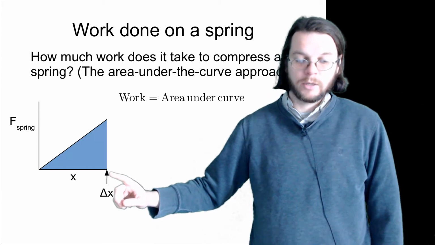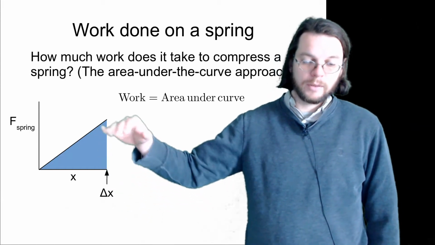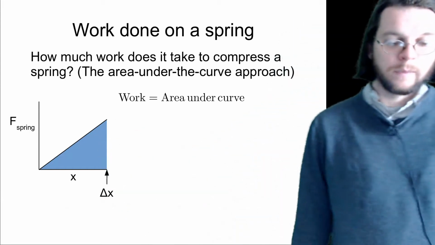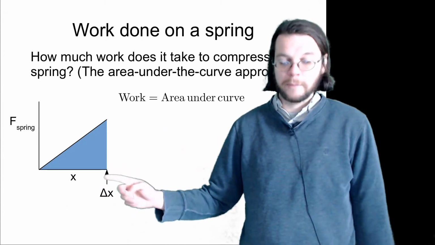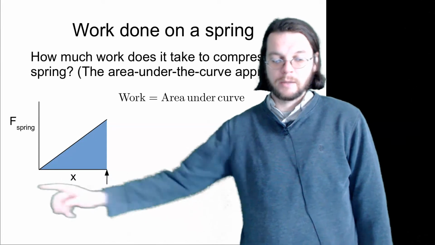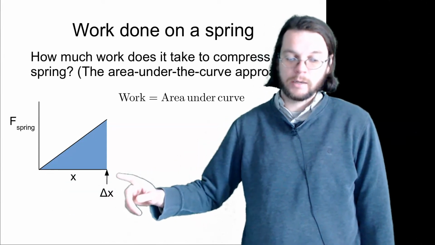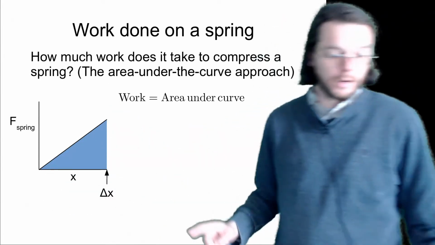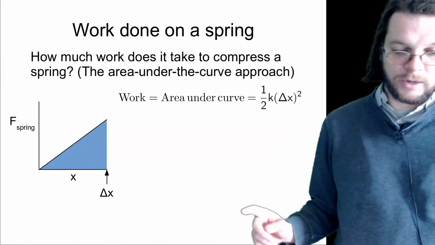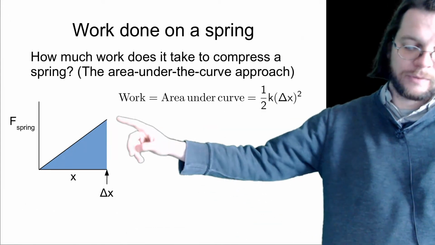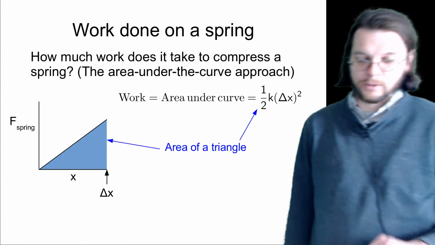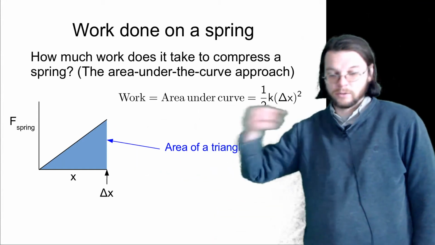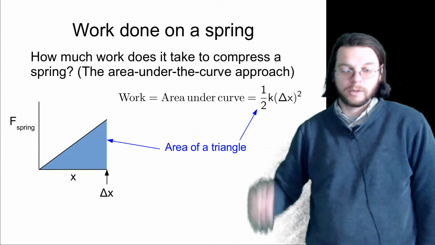And what's interesting is that if you think about the area under the curve, the area is 1/2 base times height, right? So the base here is delta x, the height here is F, and so 1/2 F delta x, well, remember F is k delta x, and so 1/2 F delta x is just the area of this triangle. That's where the 1/2 ultimately comes from.